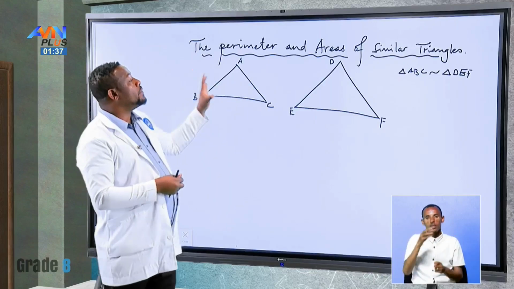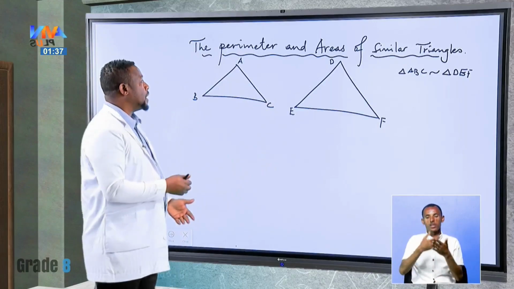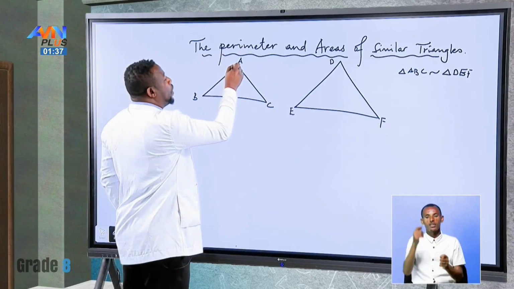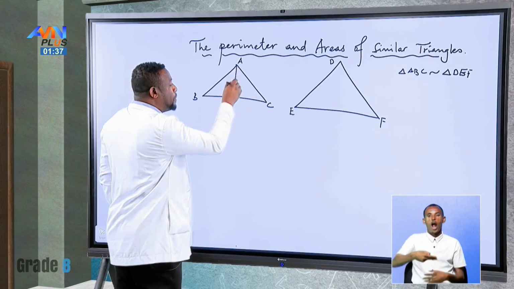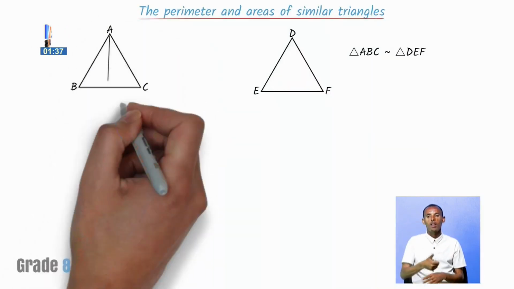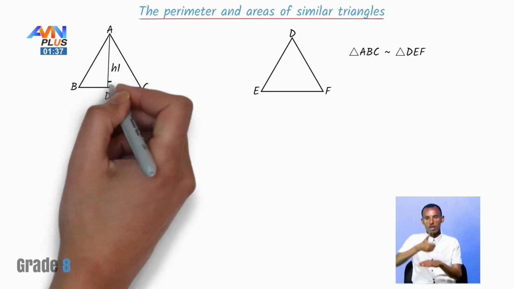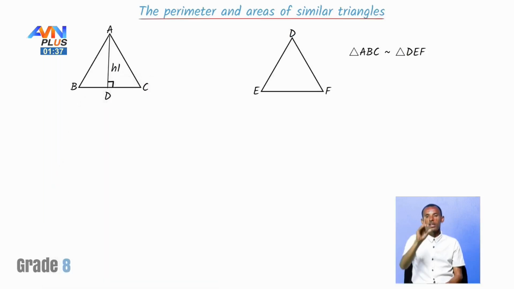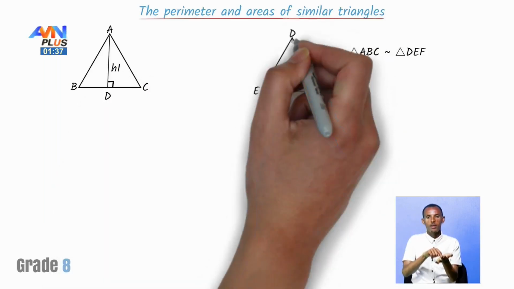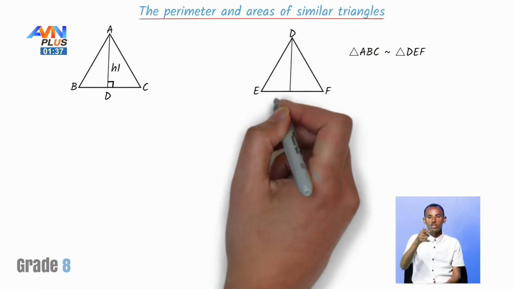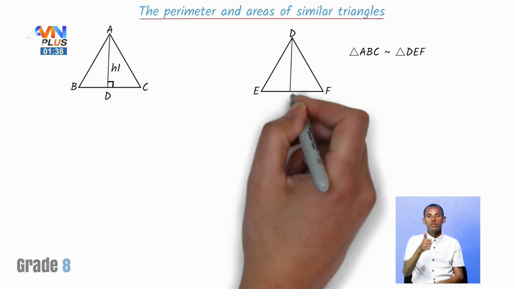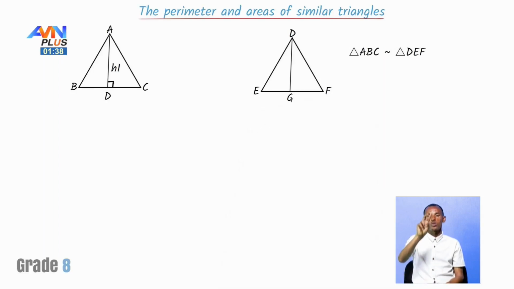So if we have these two similar triangles, suppose we have an altitude drawn from A to some point, say D here, okay? Say that altitude is H1, and the altitude drawn from D to a certain point, say G, is H2, okay?